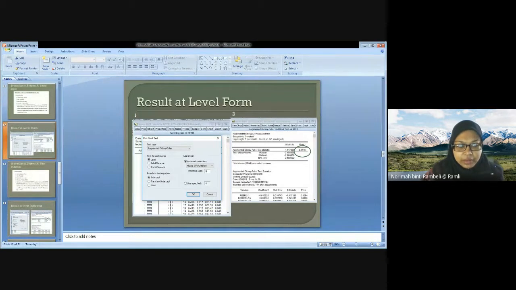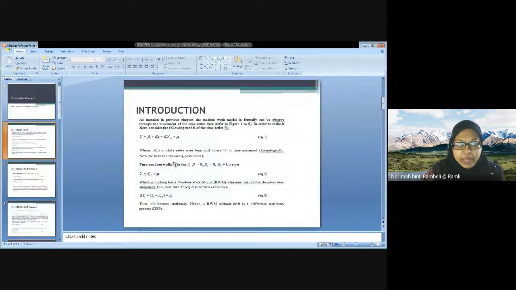Pure random walk is none, meaning no drift and no time trend. Please take note, okay? No drift and no time trend. No t. How do you understand what t is? Go back to chapter 1, or I will provide the slide for chapter 1, no problem.